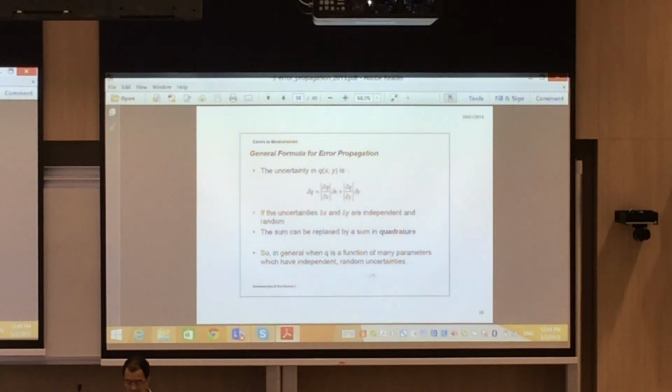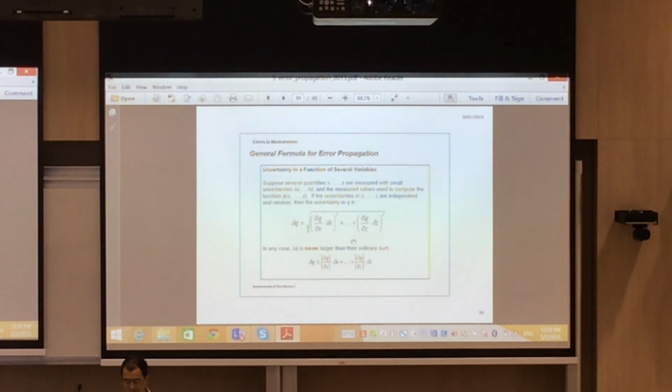So in general, when q is a function of many, not only two, parameters which have independent and random uncertainties, you can always write delta q as this.